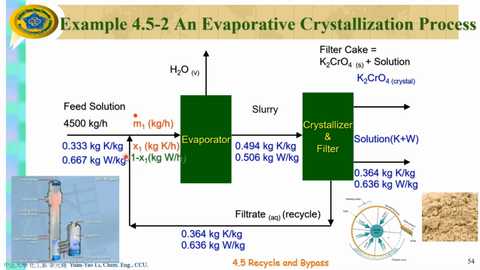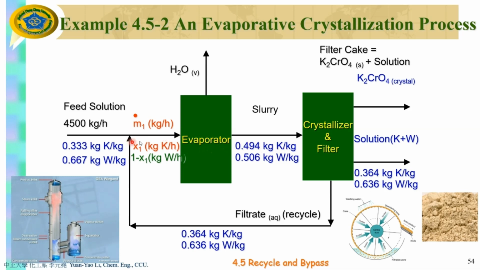Please remember again, there's only one unknown between the water and the potassium chromate, because it's a fraction: the fraction of potassium chromate plus the fraction of water equals 1. So you only have one unknown.